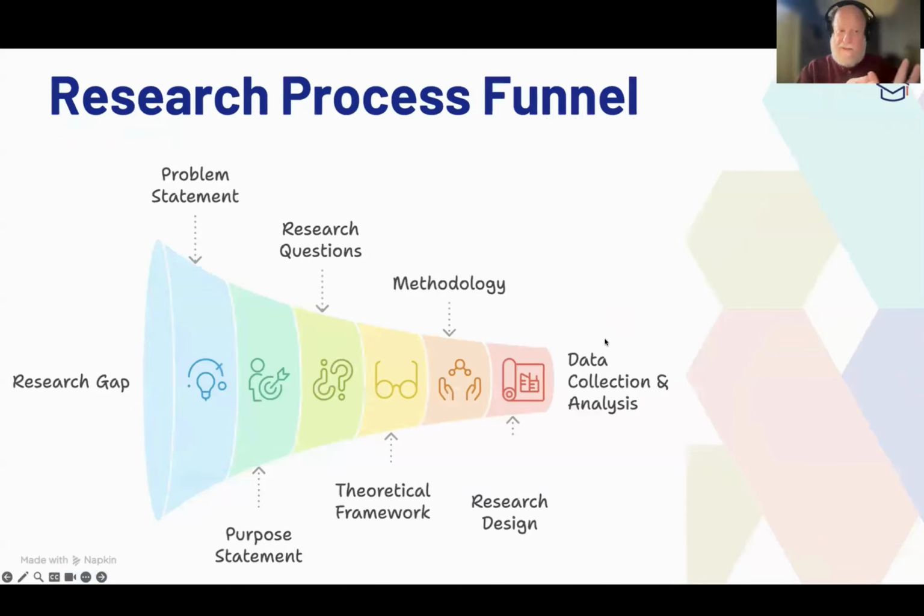Here's another way to conceptualize it, as a funnel. You have all this literature coming into the big side of this funnel. Then it narrows to a problem statement. Then it narrows to a purpose. Then it narrows to the questions, narrows to theory, narrows to method, and then narrows to how you're going to collect and analyze data. So notice you're almost in a constraint.